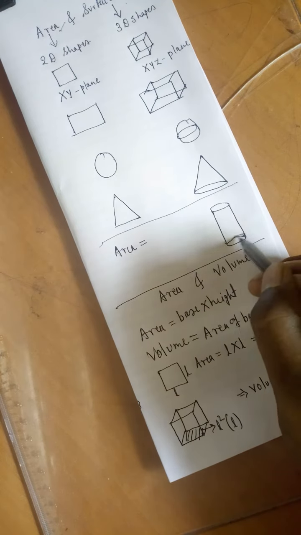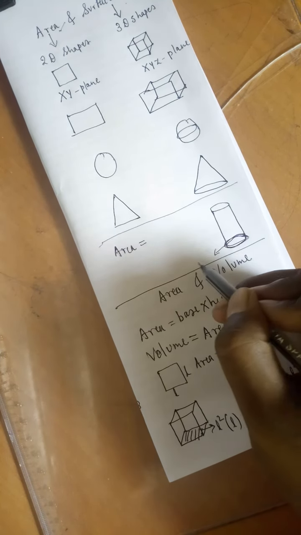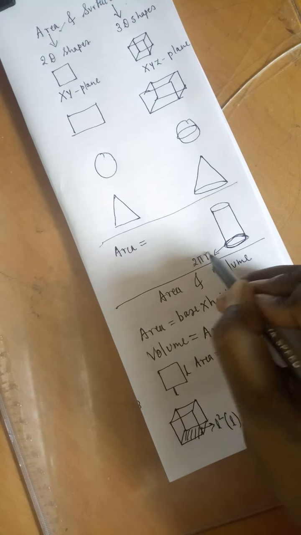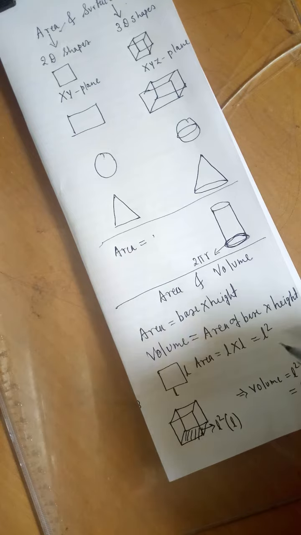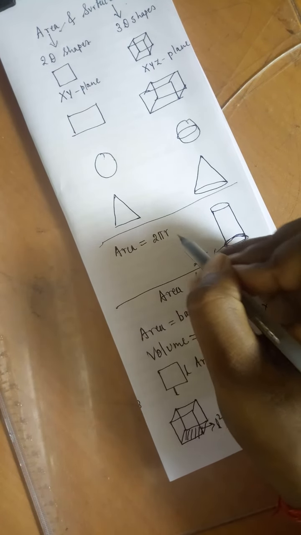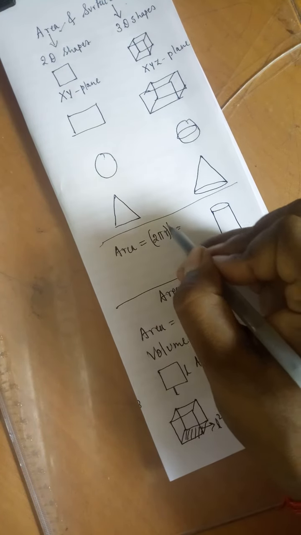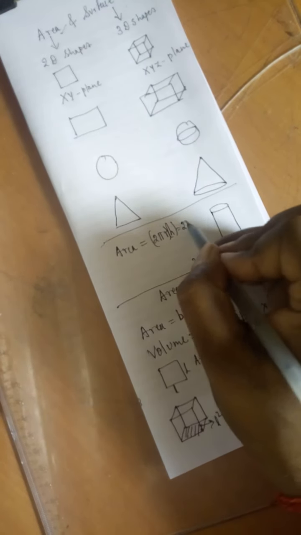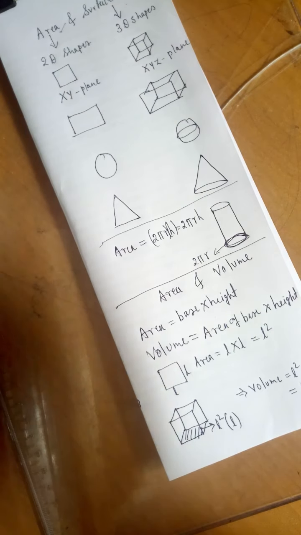Its base is this part, which is nothing but its circumference, so 2 pi r. Base is 2 pi r, height is h. So the answer is automatically 2 pi r h. This is area, and I repeat, this is only curved surface area, not the total surface area.